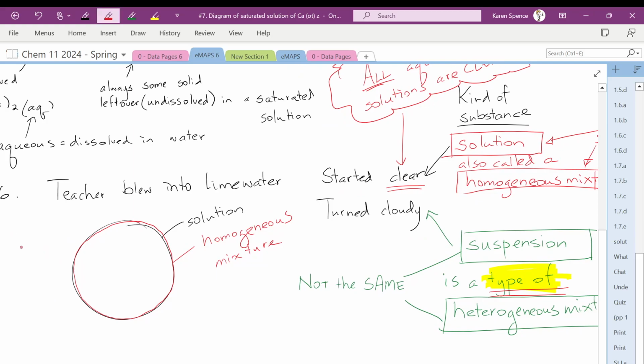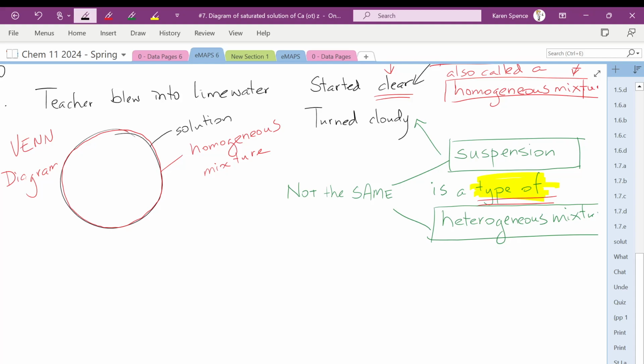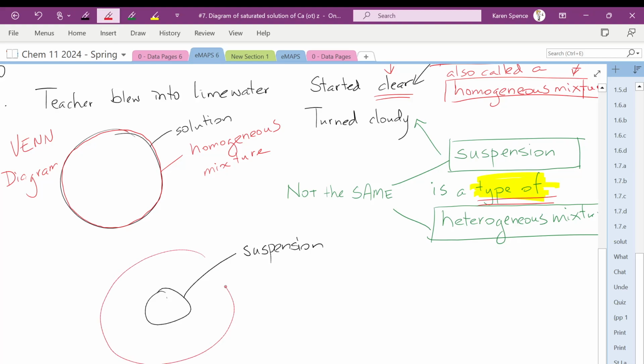Yes? But if we had a suspension, it's just a subcategory of heterogeneous mixtures. Yes?